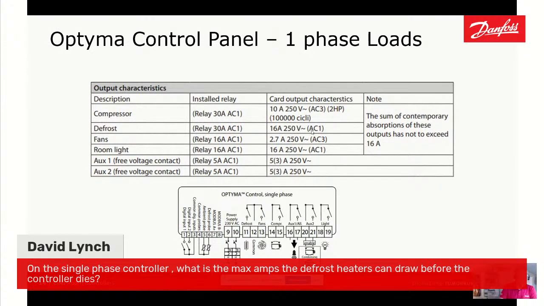Now, if you want to turn amps into wattage, there's a fairly simple way we do it: W equals V times I. We've got defrost, so we've got 16 amps, and we've got 240 volts.